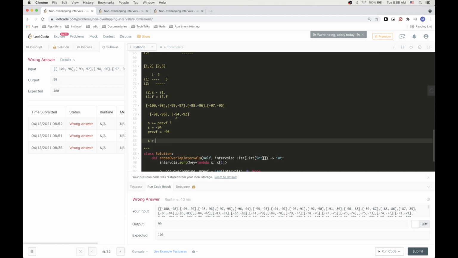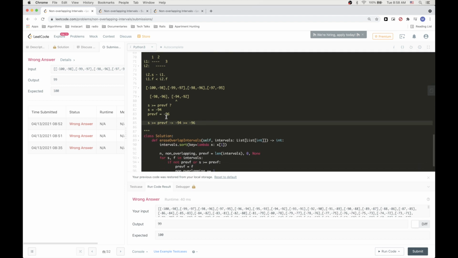And so is s bigger than pref f would mean basically if minus 94 is bigger or equal to minus 96, which is considered smaller, right?